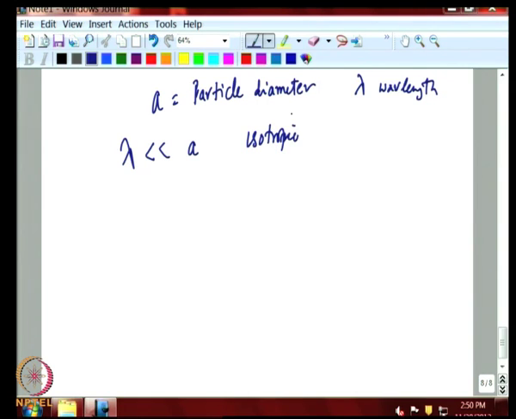So, this is the easiest case to deal with, because you do not have to worry about directional effects.